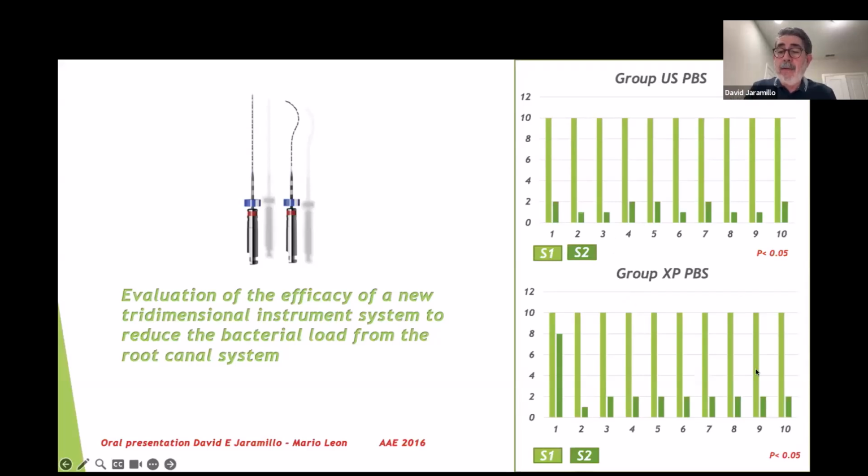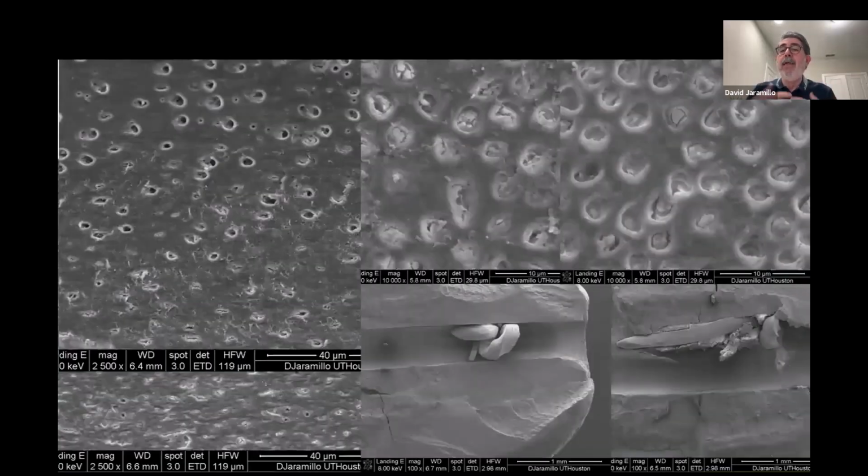So we didn't find any differences between both techniques, but we did find a difference between the S1 and S2. There was a huge reduction of the bacterial population from the infected root canal. But between ultrasonic and the XP, we didn't find any difference. Again, we don't have the right models, the right lab models.